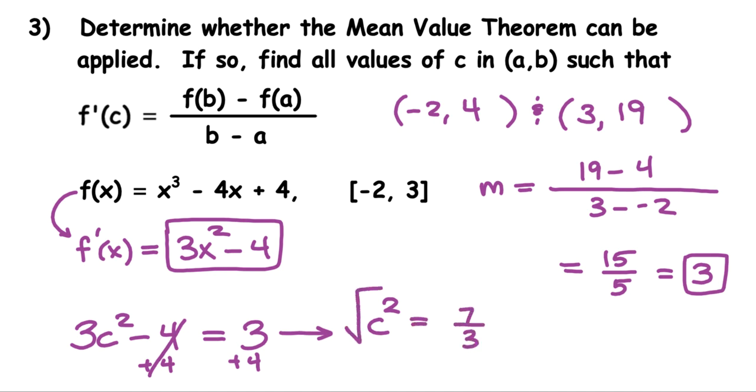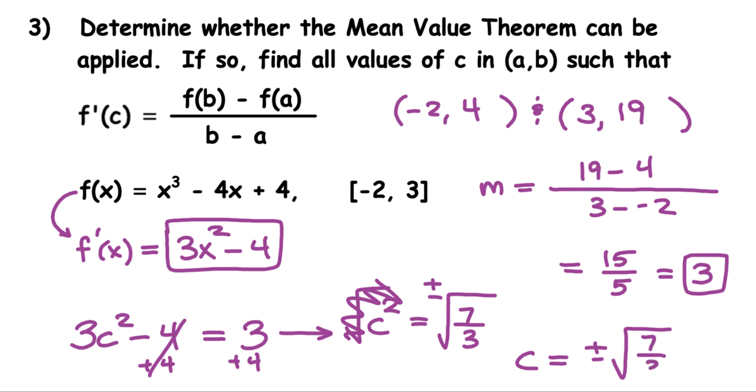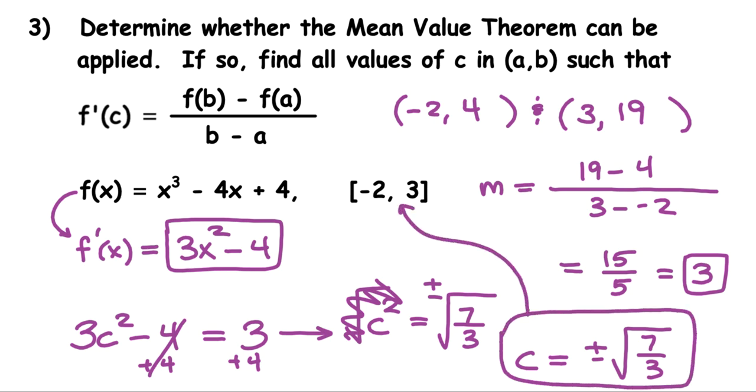Square root both sides. Since I'm putting the square root on, I need a plus minus on the right. And c will be plus or minus the square root of 7/3. And both of those answers, I believe, are good. I'm going to double check. I believe that they are both in between -2 and +3.